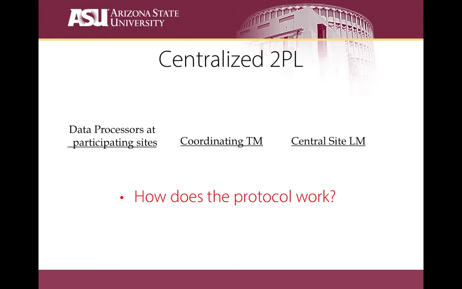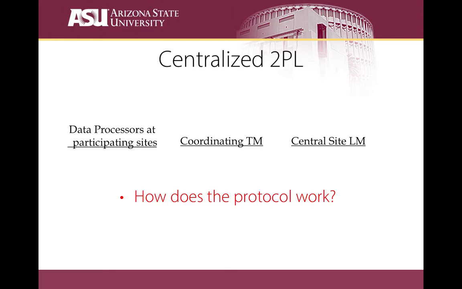This is one player in transaction management. And you have the transaction manager, which is different than the data processor. The data processor is responsible for reading, writing, and processing the data. The transaction manager is responsible for coordinating the transaction. All the logic we talked about, like two-phase locking and coordinating the transaction, is taken care of by the transaction manager. So you'll have a coordinating transaction manager; TM will mean transaction manager.